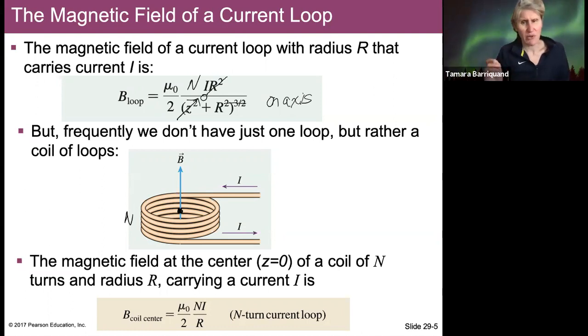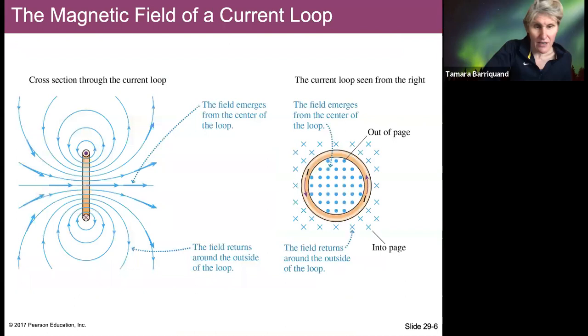Let's look a little more closely at what's going on with the magnetic field of our current loop. We found the magnitude for our current loop. But now we also need to figure out the direction and the shape of the magnetic field due to a current loop. So in order to do that, we take our current loop, and we've cut the loop here in half.